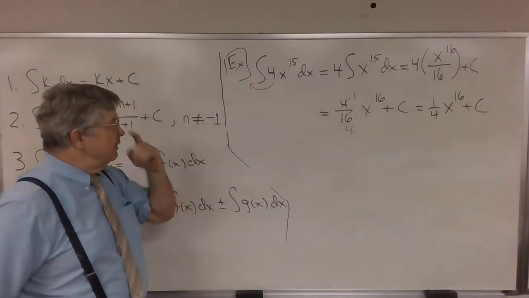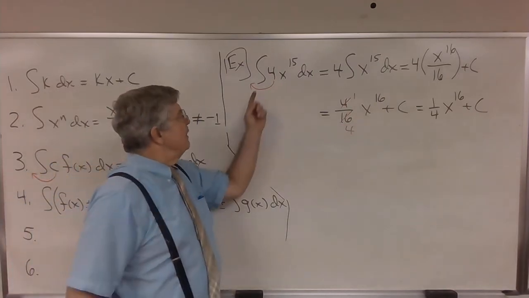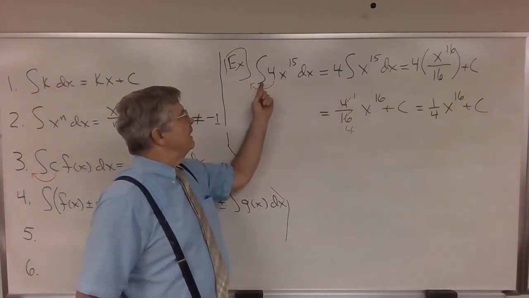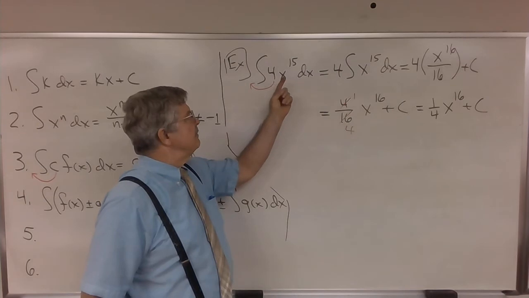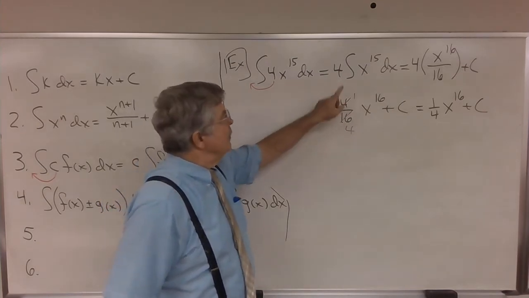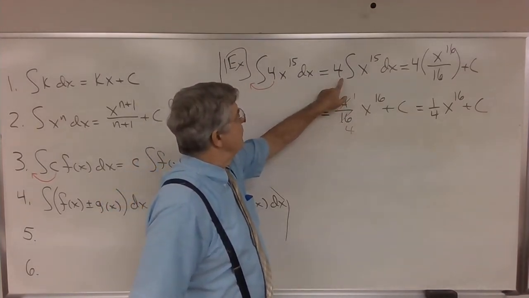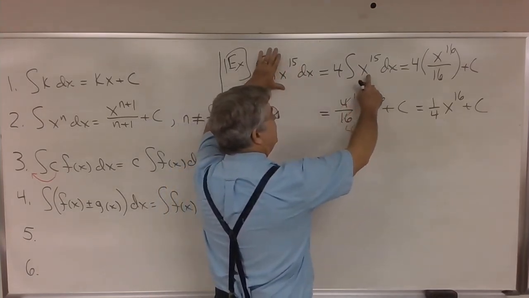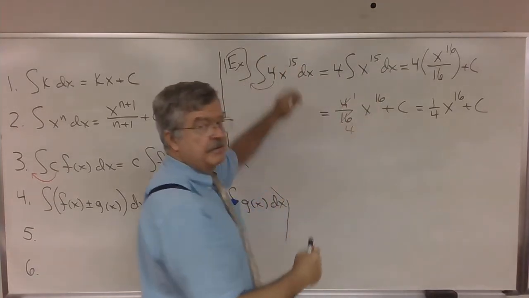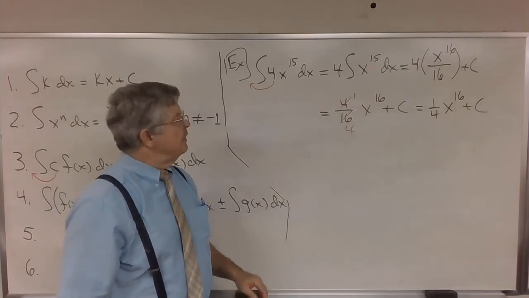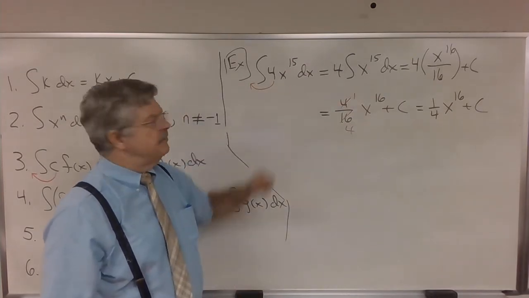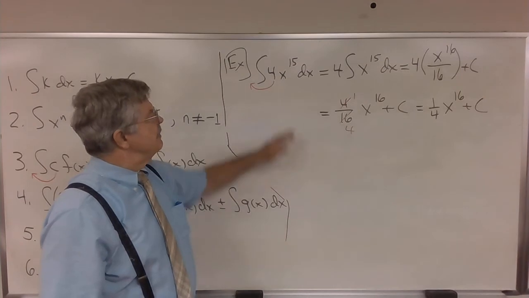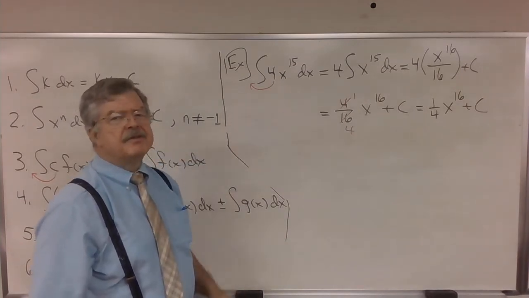We can also look at this and say, if we have the integral or antiderivative of a constant times a function, we can write the constant down and then worry about computing the antiderivative of the function. And I guess we want to look at this both ways. Let's try something like this again, doing it the second way.